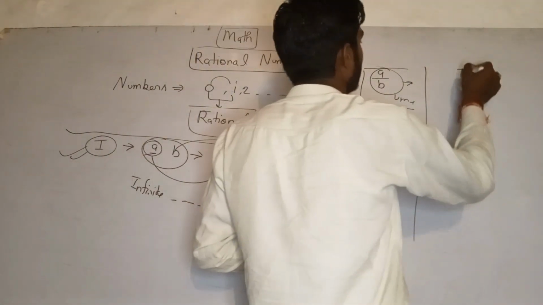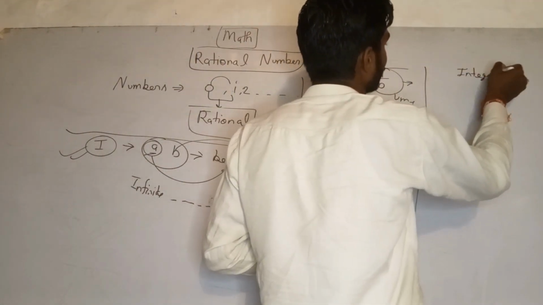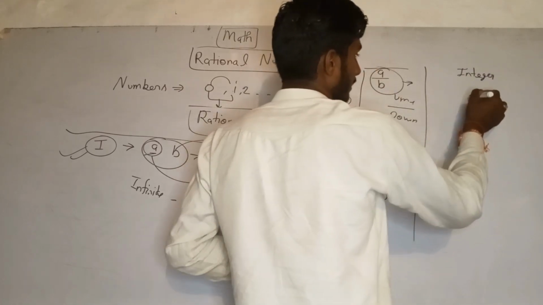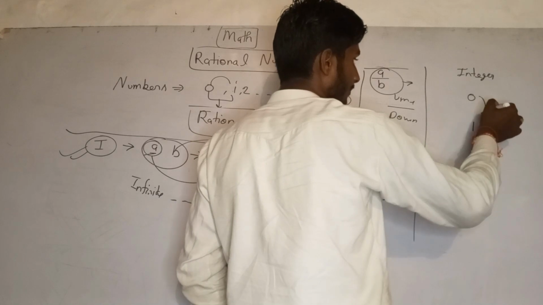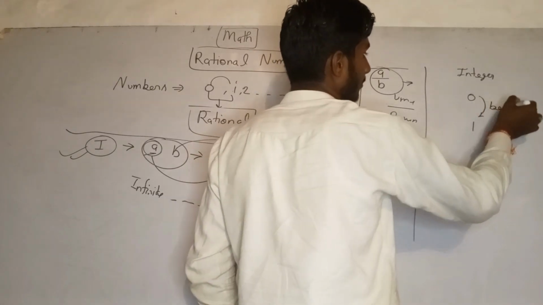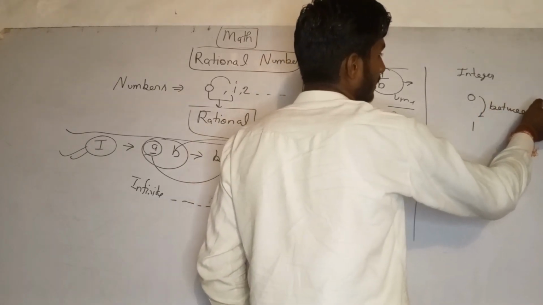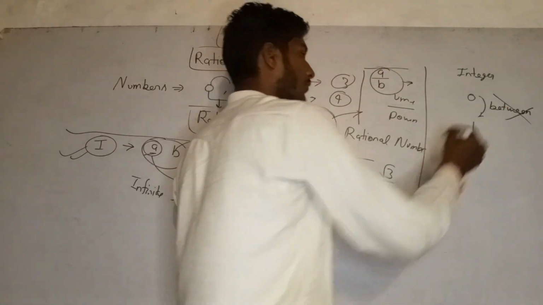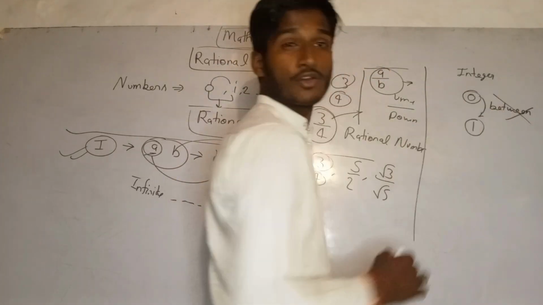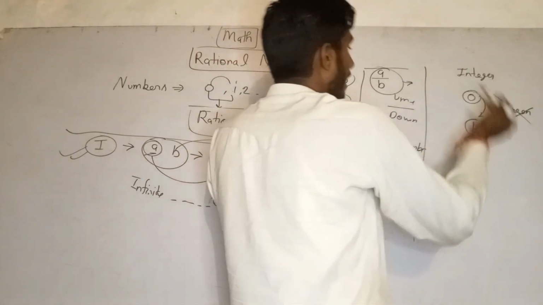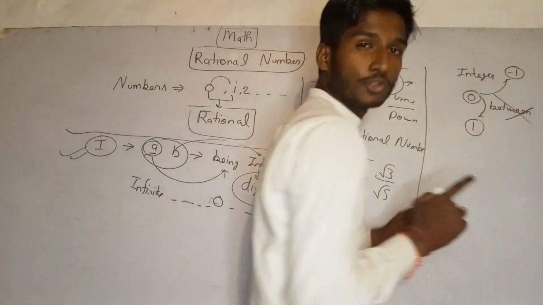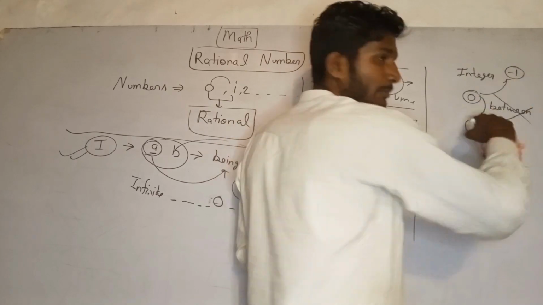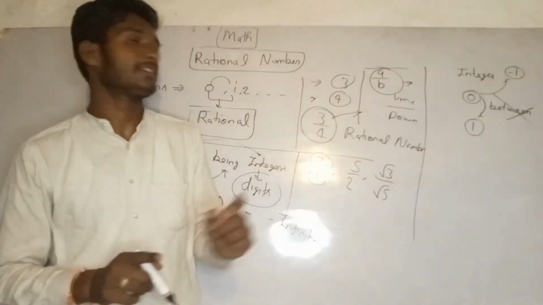What is an integer? 0 and 1 are integers, and the numbers between them are not integers. Only 0 is an integer and 1 is an integer. 0, before it -1 is also an integer, but the numbers in between are not integers.